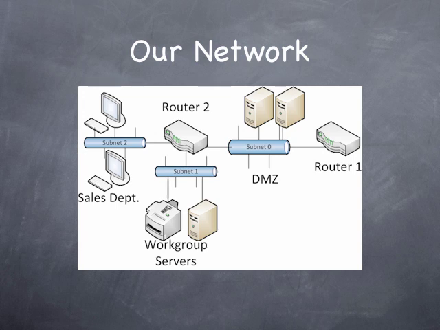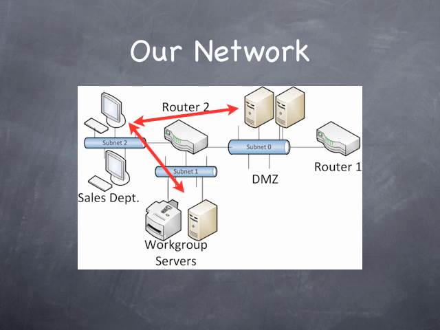It's connected to an internal router. Then we also have some shared servers here, maybe a file server, network printers, things like that in a second subnet. Then we got a demilitarized zone here with a couple of servers, maybe a mail server, a web server, and finally a border router that connects us to the internet at large.